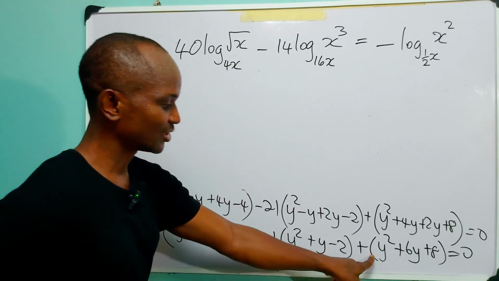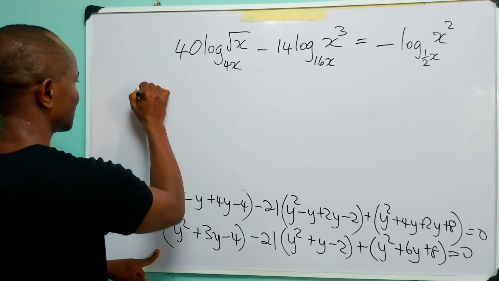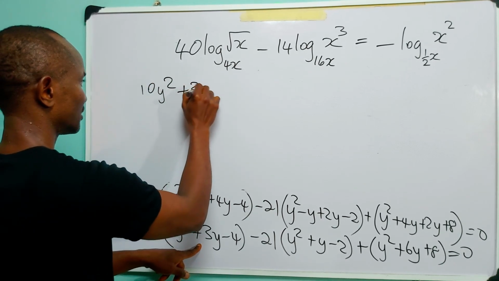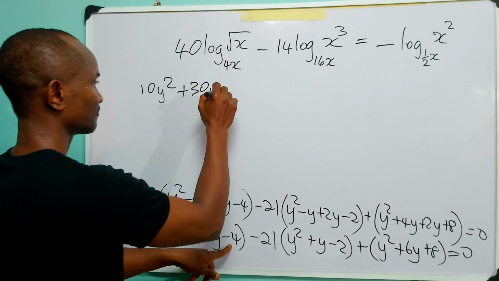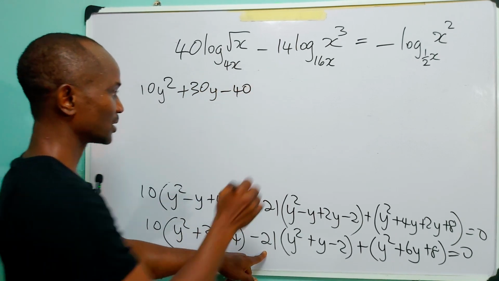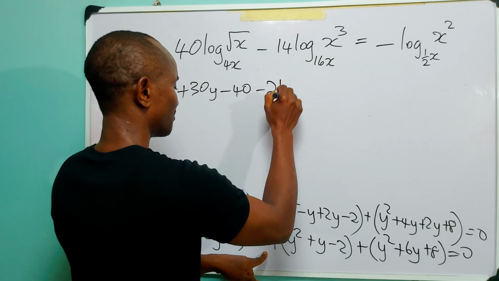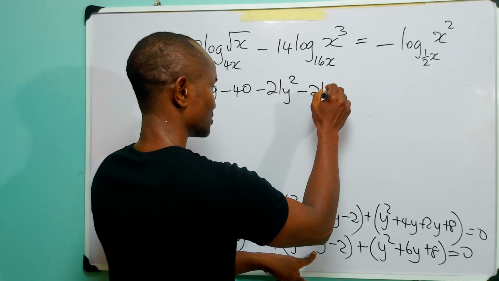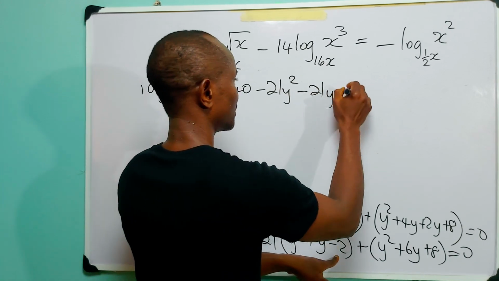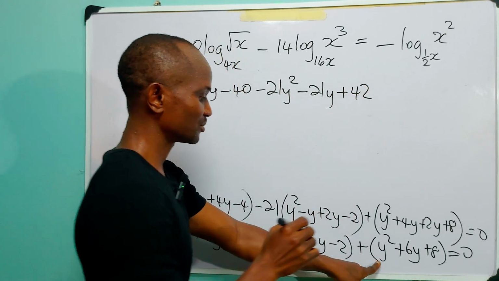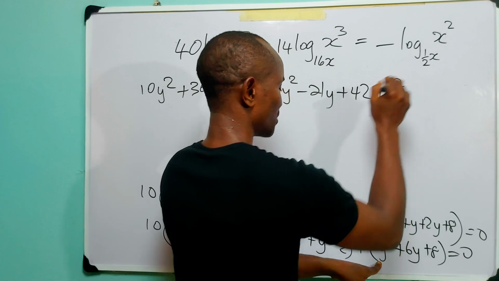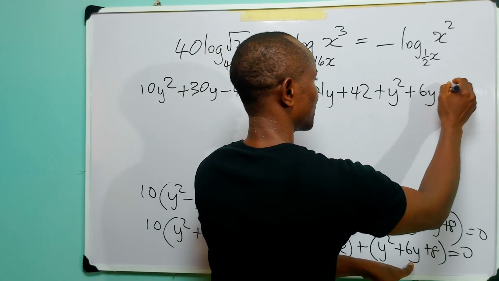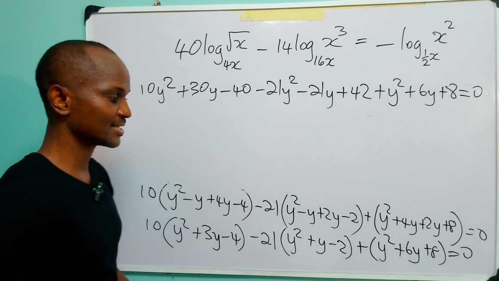Now, multiplying by the coefficients, what we have is 10y squared plus 30y minus 40, minus 21y squared minus 21y plus 42, plus y squared plus 6y plus 8 is equal to 0.